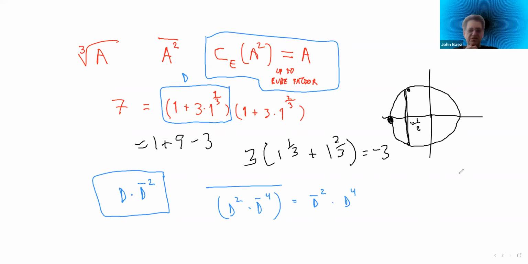Before you do, there's one decision you made that surprised me a little bit. You could have decided to study the question of cubic extensions of, for example, the rationals.